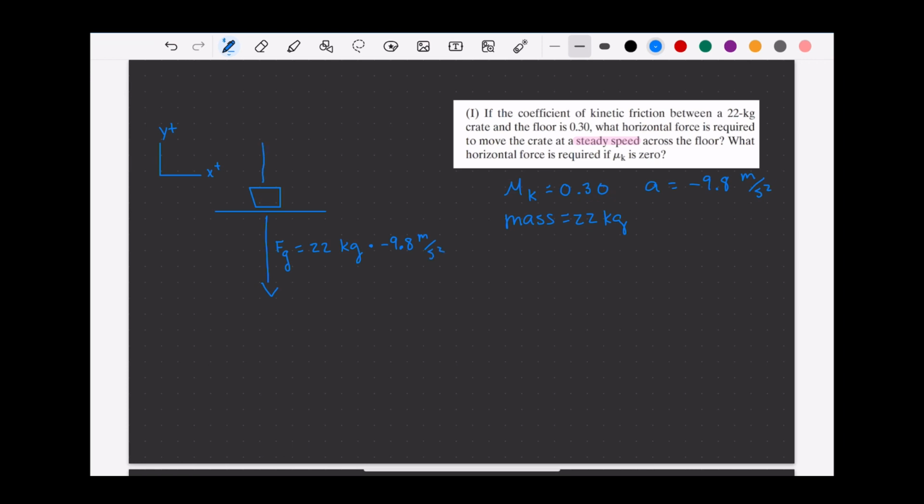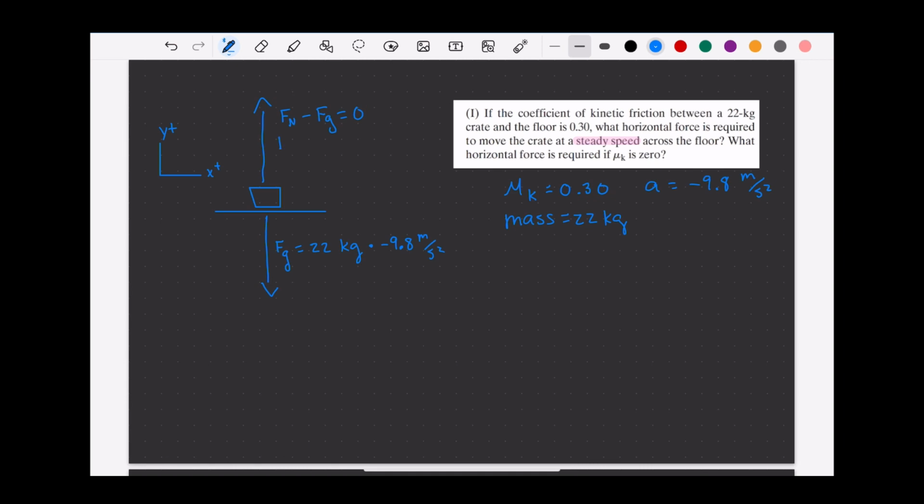Now, a force that's going to be counteracting that gravity should be equal to that gravity, because our object is only sliding, it's not moving vertically. So F sub n, my normal force counteracting gravity, should be equal to gravity. So F sub n minus F sub g is equal to 0.